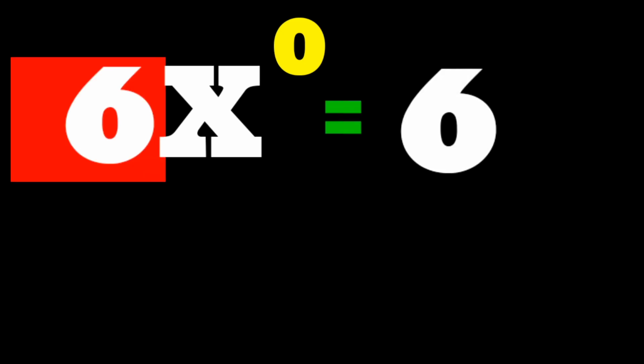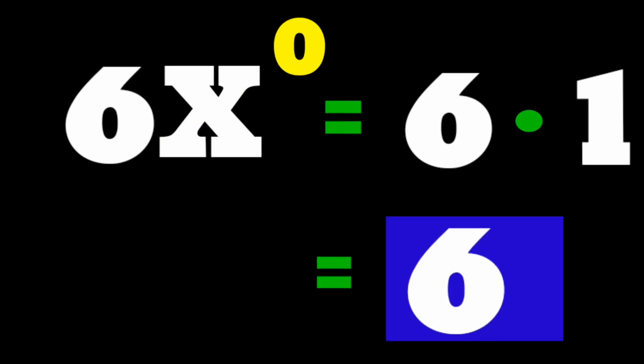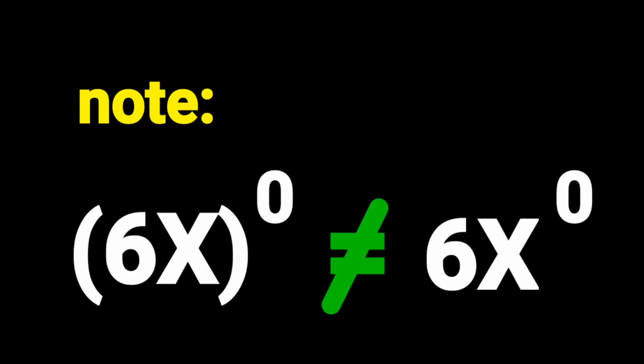The quantity of 6x raised to the 0 power is 1. But 6x to the 0 power, without the parentheses, is equal to 6 times 1, which is equal to 6. x to the 4th divided by x to the 4th power.